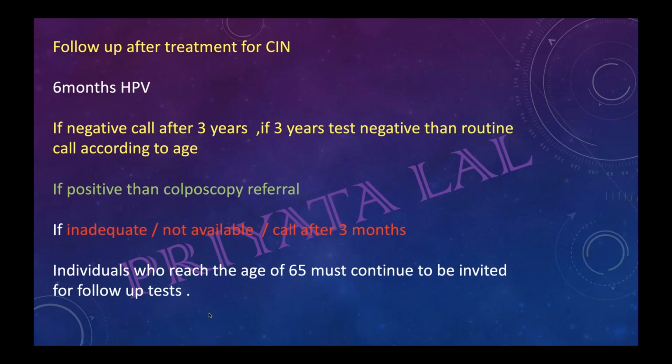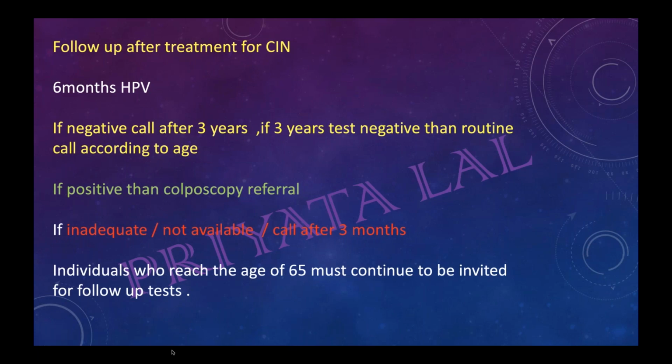But if the patient has got any abnormal test, or has been given any treatment and she requires follow-up, then even if the age is 65, she will be screened, because now she is not on the normal pathway, she is on the treatment pathway. Is that clear? Yes, ma'am.